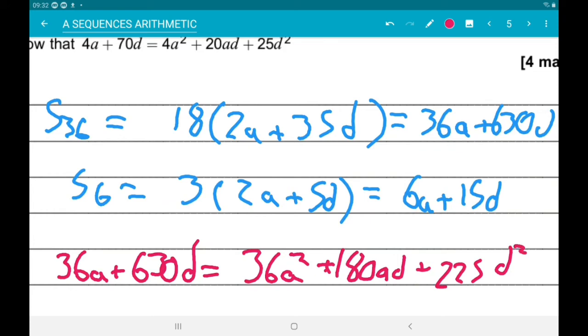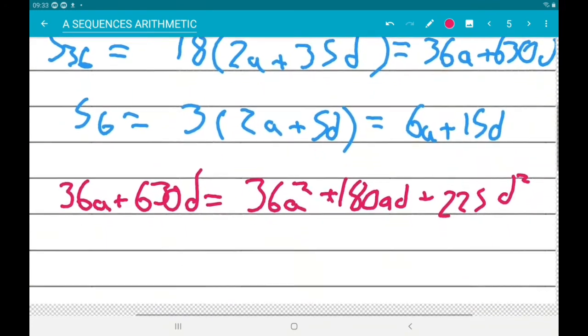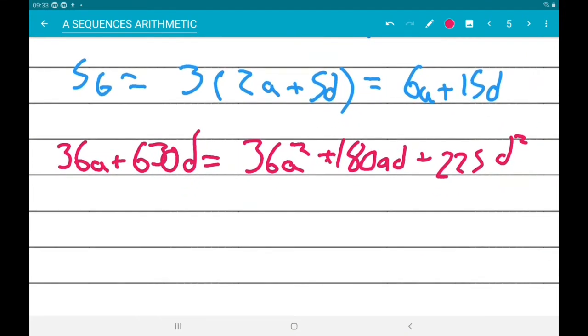Alright, so now we would look for common factors, and luckily there is a common factor of 9.